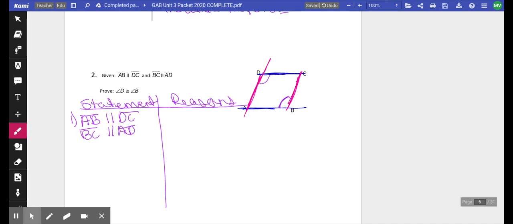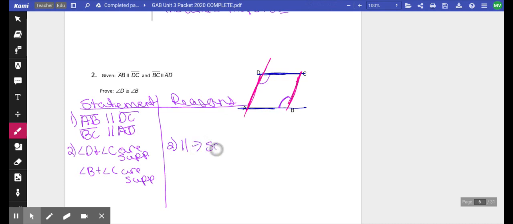So I can use A or C, but I know that angle D and angle C are supplementary. And I also know that angle B and angle C are supplementary. And that's because parallel lines implies same side interior angles are supplementary.